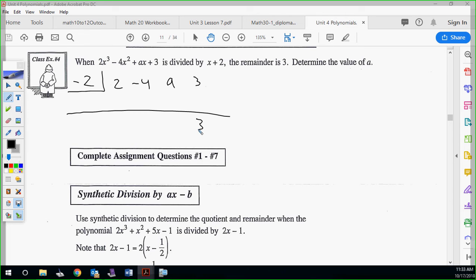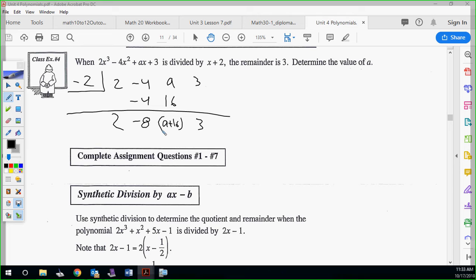Drop the 2. Negative 2 times 2, negative 4. Negative 8. 16. Oh, not 16, that's not a 9. Sorry, I was going to add that and make it 25, so that's good. A plus 16, right? We don't know what a is.